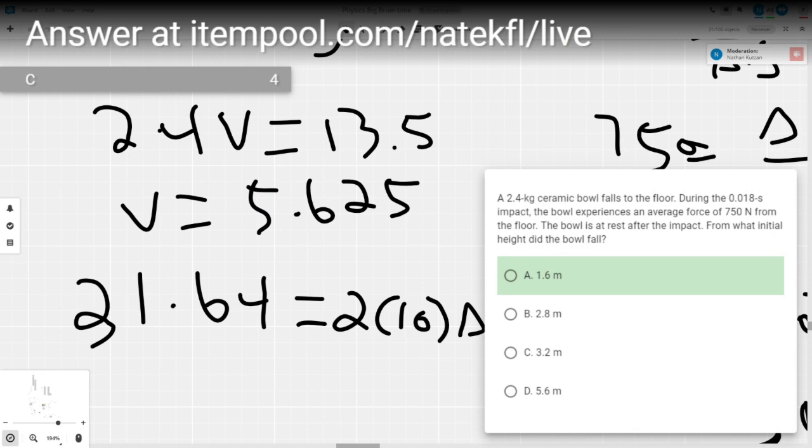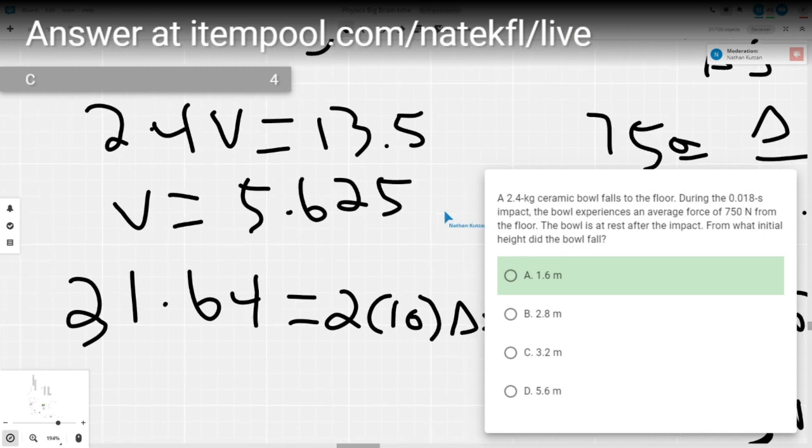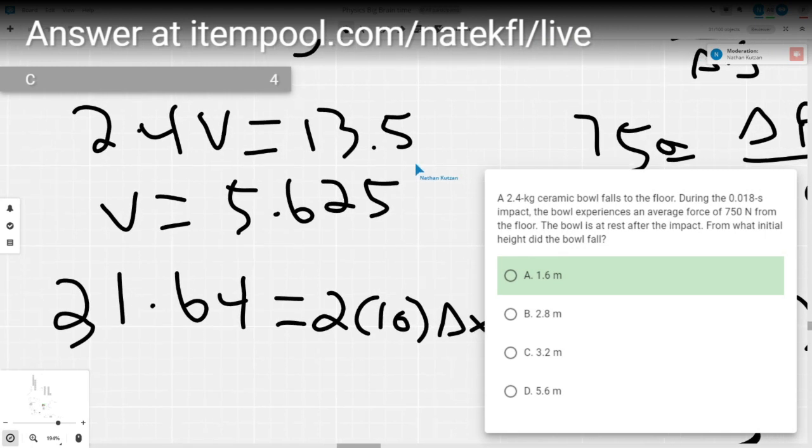We just divide 31.64 by 20, which is 1.6. More specifically, it gives you like 1.58, but it rounds up to 1.6. Something I find interesting is that this is really similar to the last problem. It's almost like working backwards from the last problem.